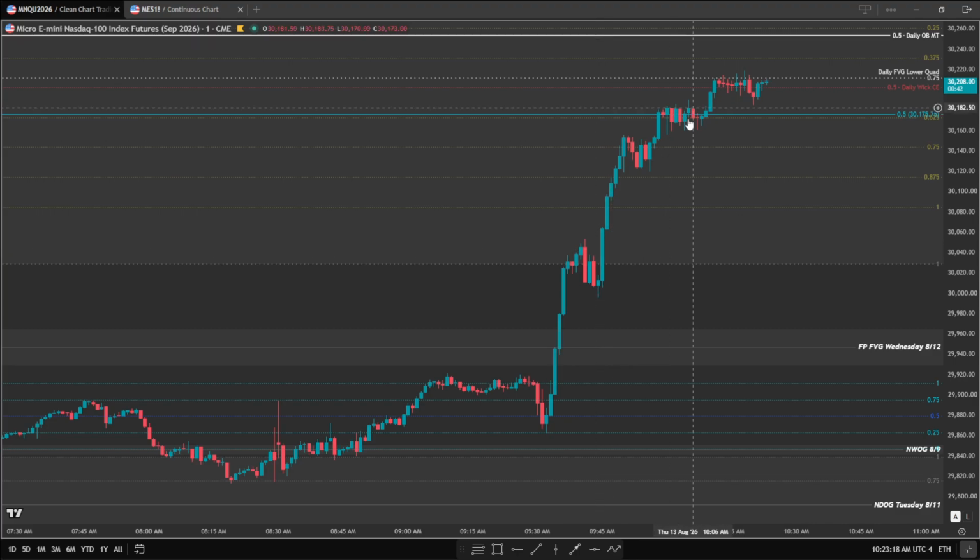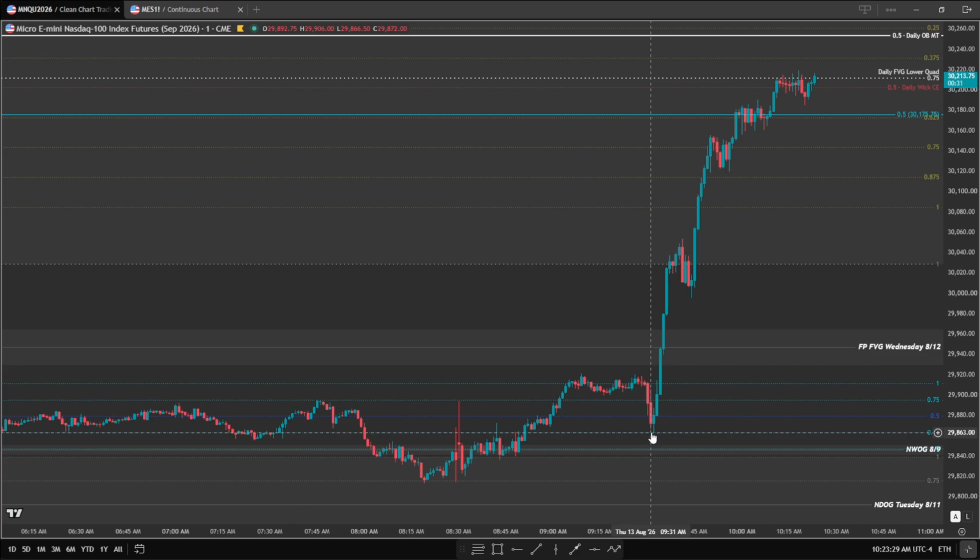Because when it's one directional, it's not going to do a lot of manipulation. It's not going to go one way and then turn the other way. It's one directional. So it'll make a big run, accumulate or pull back for a very short amount of time.